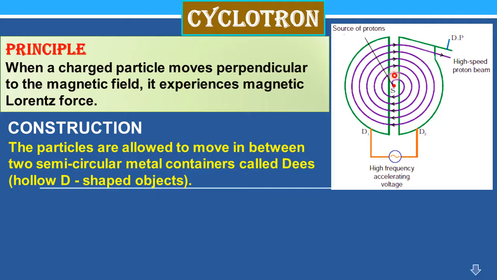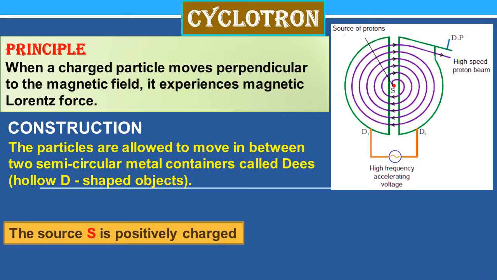At that time, the polarities of the Ds are reversed, so the ion is now accelerated towards D2 with a greater velocity. The polarities change, so it travels from D1 to D2, and the positively charged ion moves in a circular path in this manner in between D1 and D2.